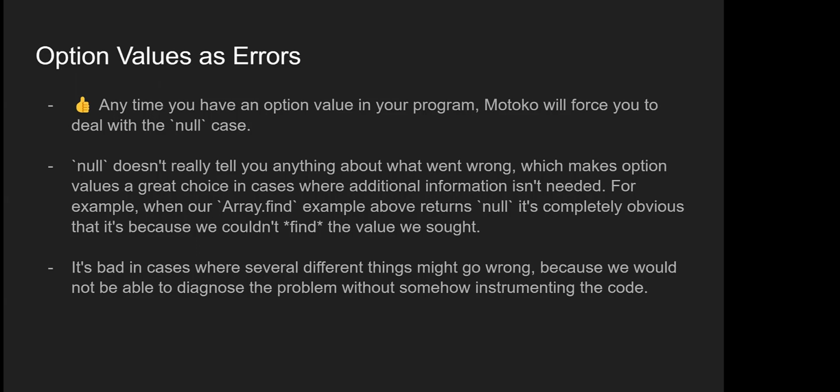And perhaps sometimes the syntax for unpacking those values in Motoko isn't always the most fun. But the perk is that by forcing you to deal with the null case, it removes a category of bug which would otherwise be able to occur in your program, where a value does not exist and your program expects it to exist. So that's actually really nice.